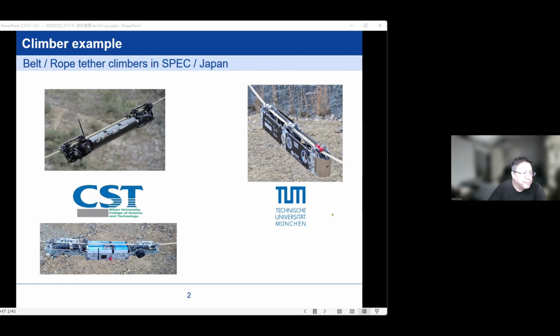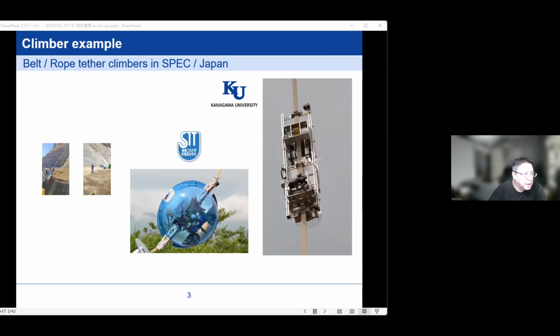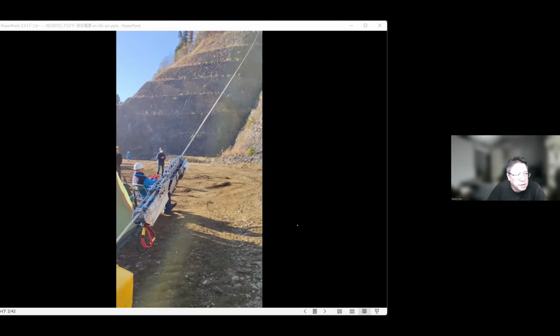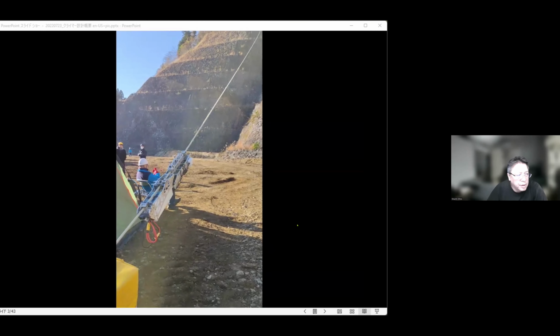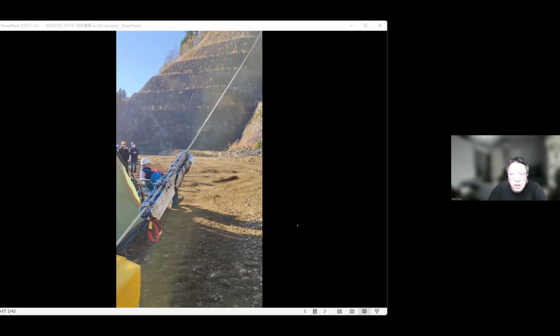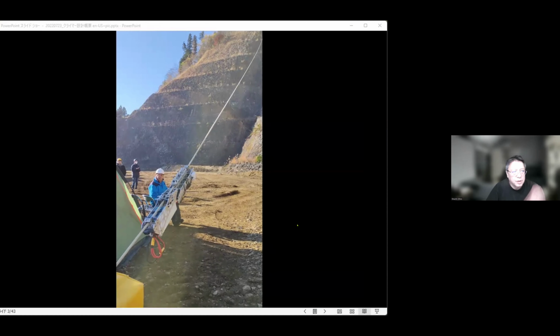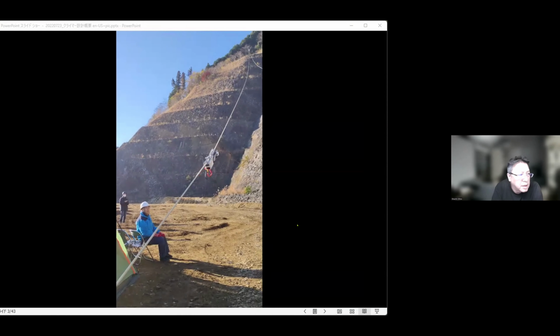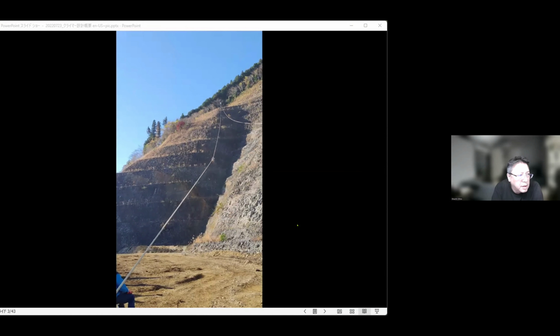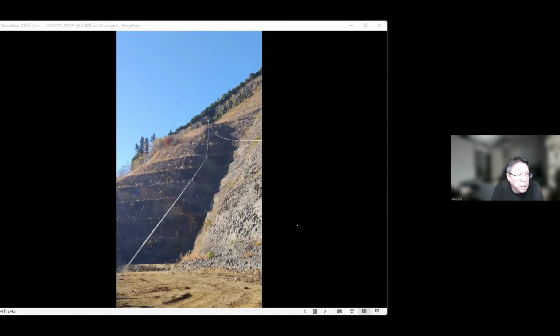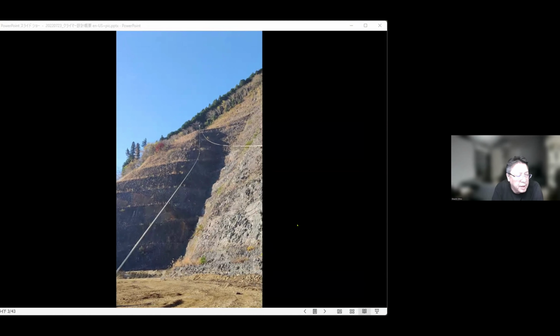Next is another example of climbers. I'm afraid that if the bandwidth of each participant is small, it would be difficult to watch. This is the climber test scene in Japan.